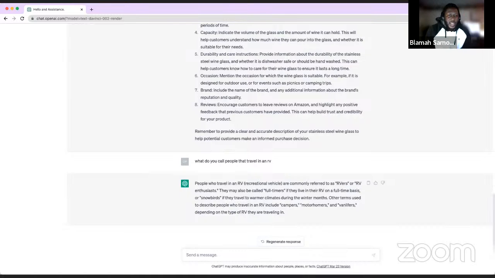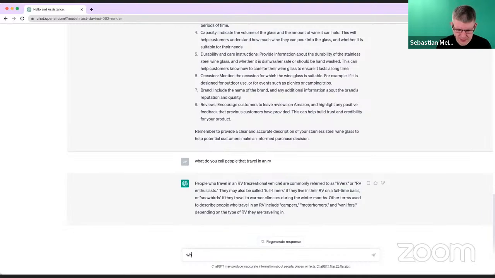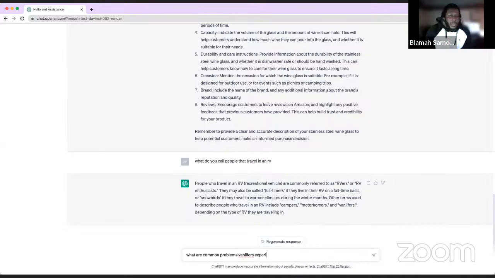Yes. And so how do you attract them? You got to appeal to their lifestyle. Yeah. One way is to help them solve their problems. What are common problems van lifers experience?